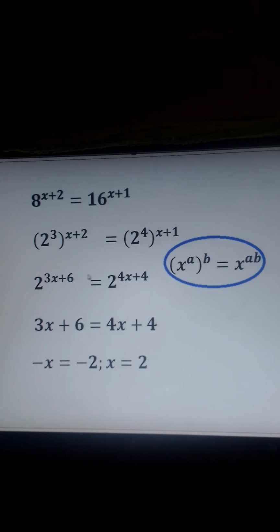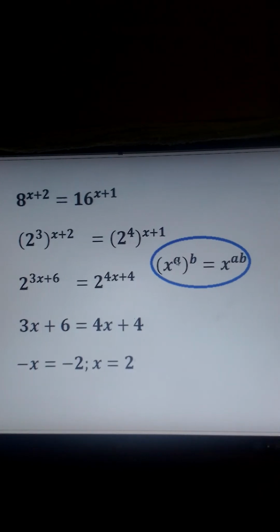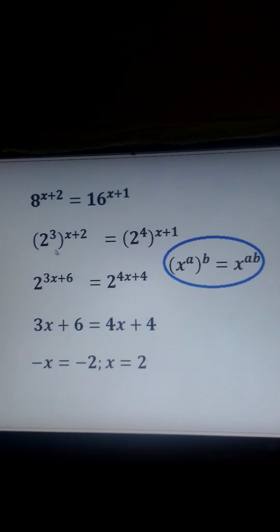Alright, now here we have 2 raised to 3 raised to x plus 2. We have this rule: x raised to a raised to b, you multiply the powers, that is x raised to ab. So here we shall multiply 3 by x plus 2.